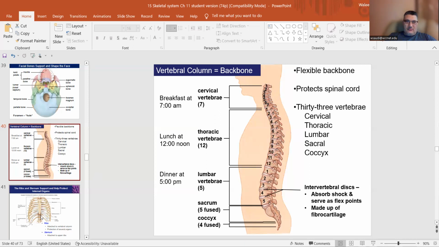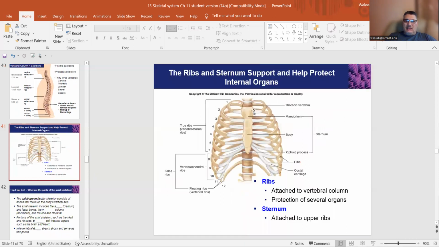Enough. This is called the sternum. That's it. Just the whole bone, not the details. What is this whole bone here? Sternum. What are these? Ribs. 12 pairs, or 24 total.